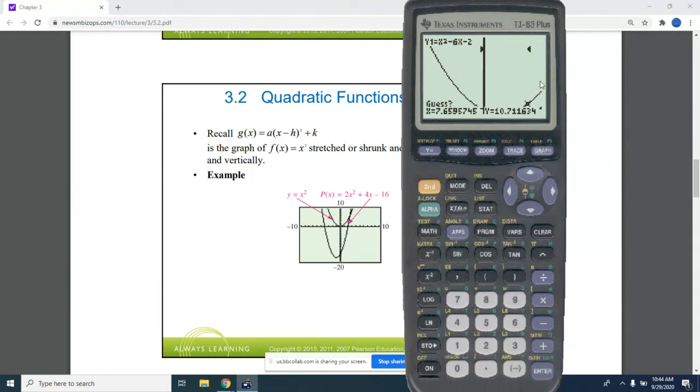Notice there's another sideways triangle that falls to the right of your vertex. It asks for a guess. I'm simply going to hit enter. And we have our vertex: 3, negative 11.